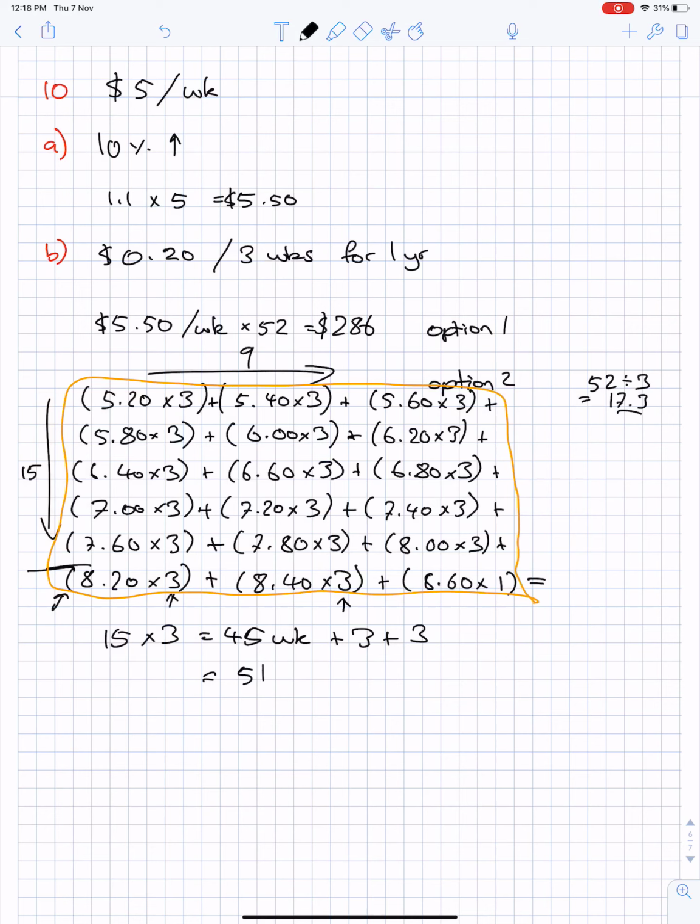So 5.2 times 3 plus 5.4 times 3 plus 5.6 times 3 plus 5.8 times 3 plus 6 times 3 plus 6.2 times 3 plus 6.4. Whoops. Don't forget the brackets, these brackets.